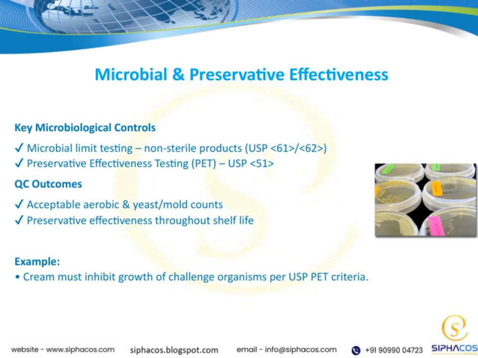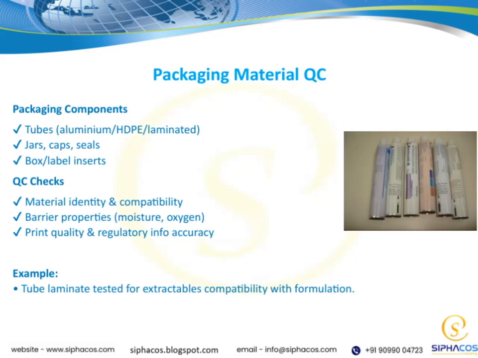This ensures that the preservative system works effectively, maintaining safety and stability from manufacturing to the end of the product's use. In summary, these microbiological controls and outcomes are vital to making sure our products are safe, effective, and reliable for consumers. Let's talk about packaging material QC.